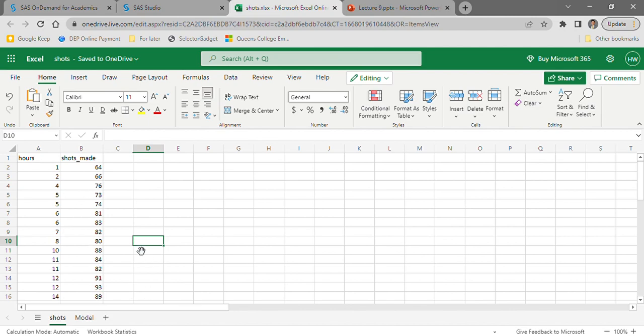Let's just do a quick observation. We have one student who only practiced an hour, and he made 64 shots. That's pretty good, right? Another student practiced 2 hours, and he made 66 shots. And all the way down the line, we have someone who practiced 14 hours and made 89 shots. So let's go into SAS.